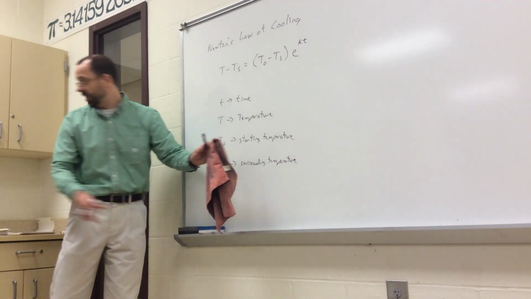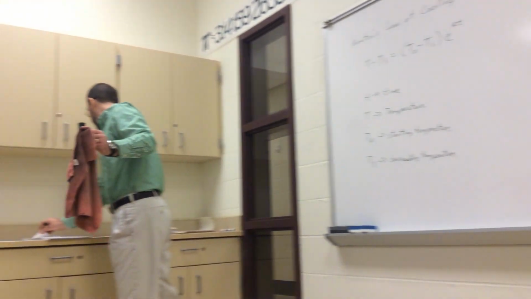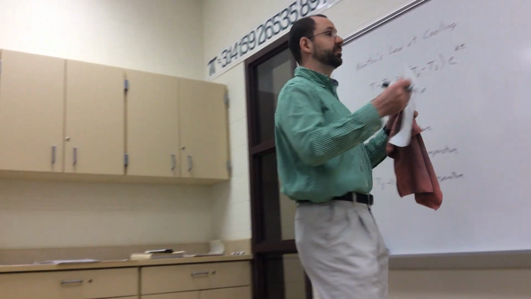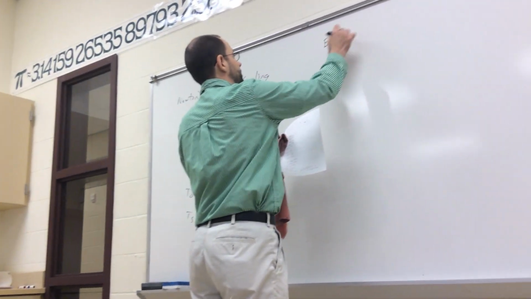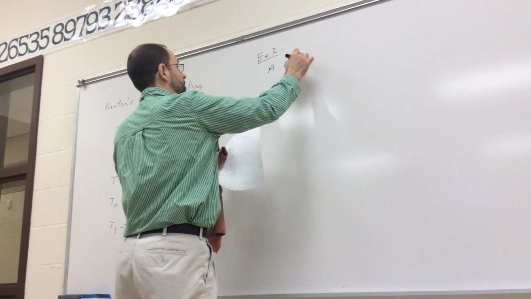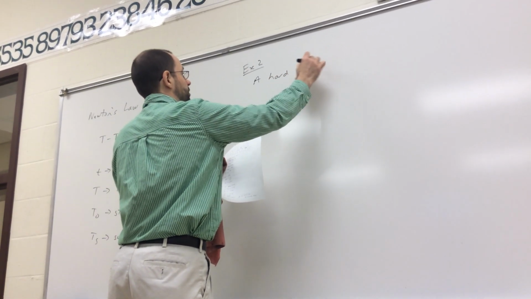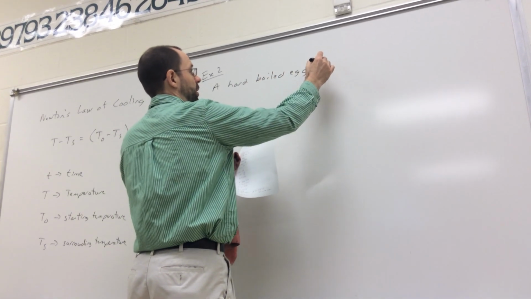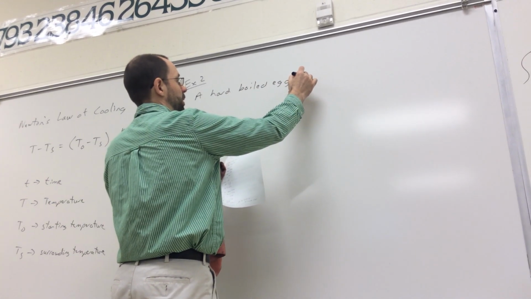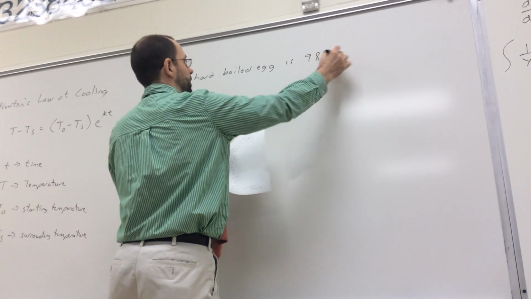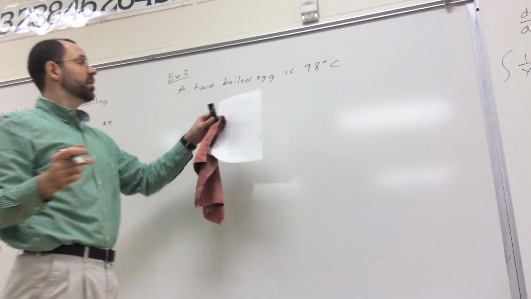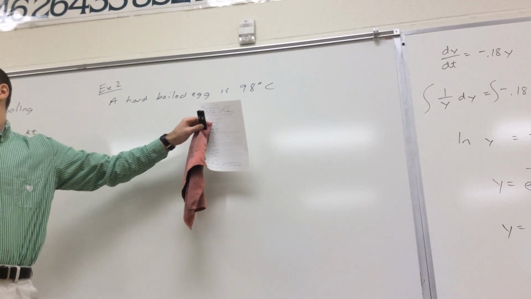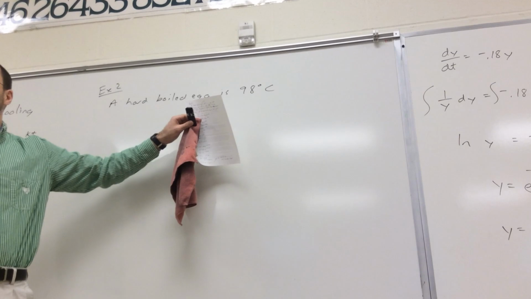Okay, so for our example, we're going to have a hard-boiled egg that is 98 degrees Celsius. So you just finished boiling this egg. You can take an egg, stick it in boiling water.